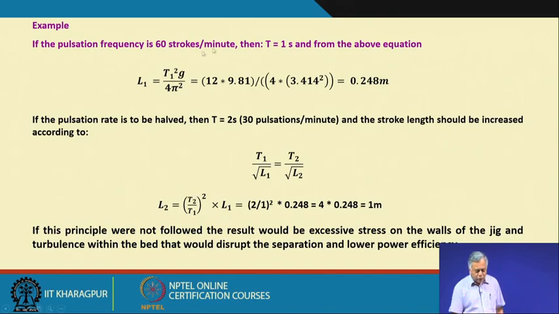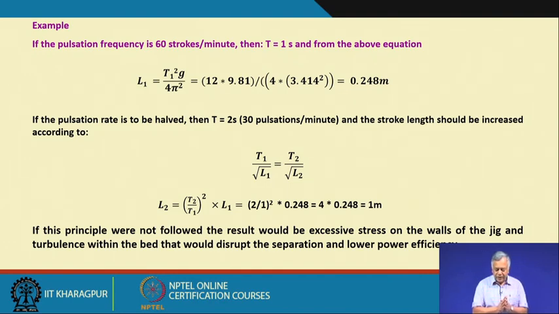So L1 = 12 × 9.81 divided by 4 × 3.414 squared, which gives 0.248 meter. Let me check: L1 = T1²g/4π², g is 9.81 and T is 1 second. It should be 1 squared, not 12, so sorry, that is a typo.